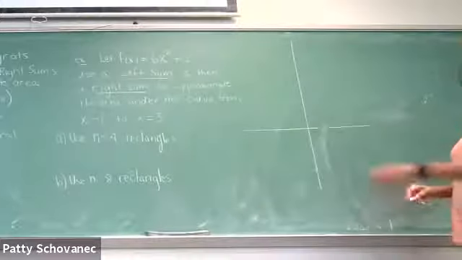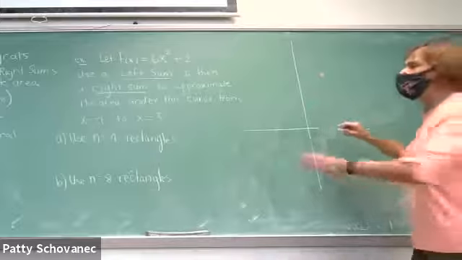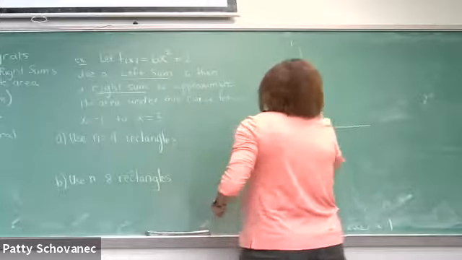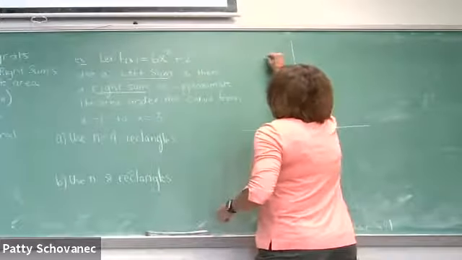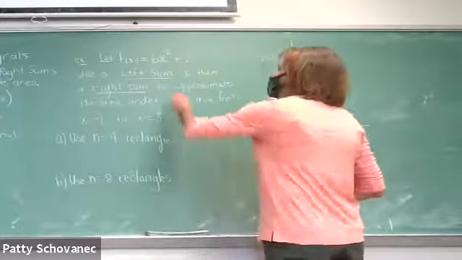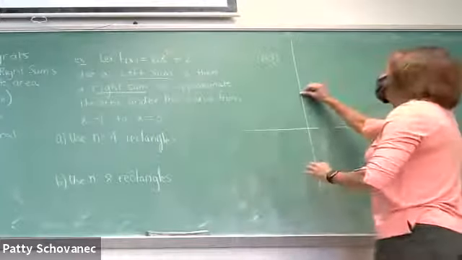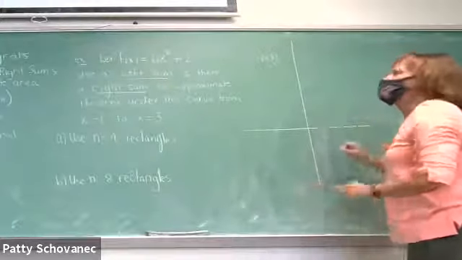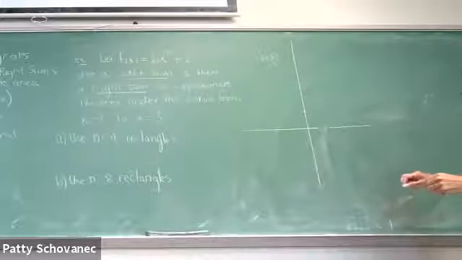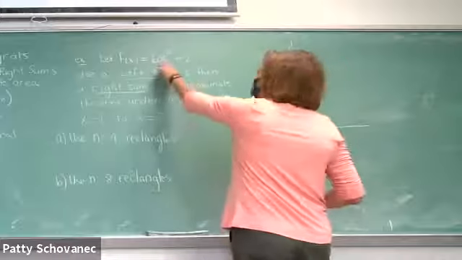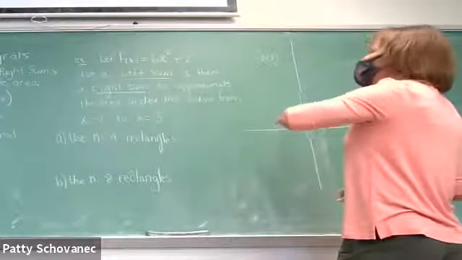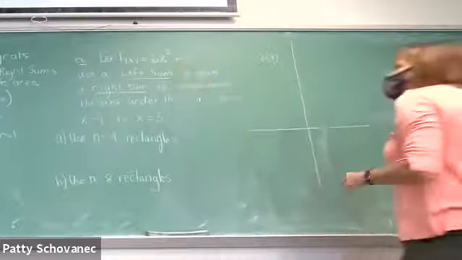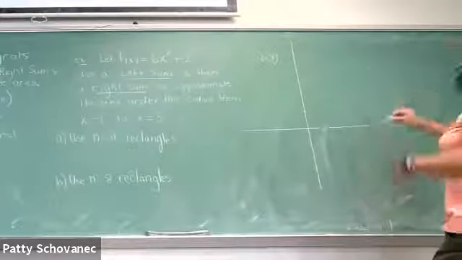Okay, so it looks like a parabola opening upward. When x is -1, I get the ordered pair -1, 8. So let's put that in about right here. When x is 0, I get y is 2, so if that's 8 here, and that's 4, and that's 2. And when x is 3, I'm way off the page, so I'll just fake it. 9 times 6 is 54, plus 2 is 56.